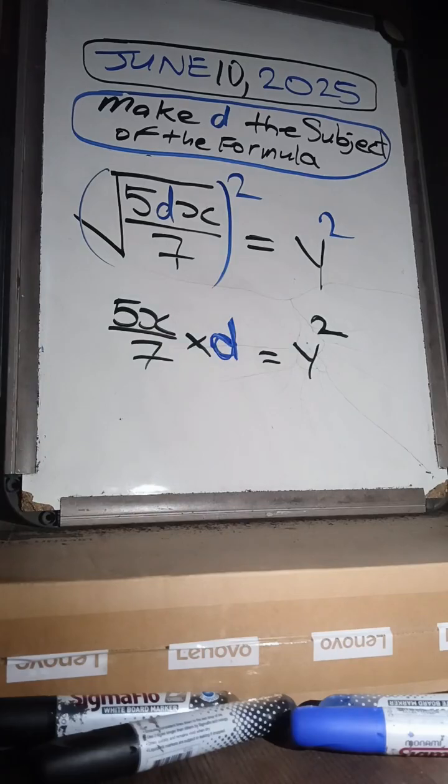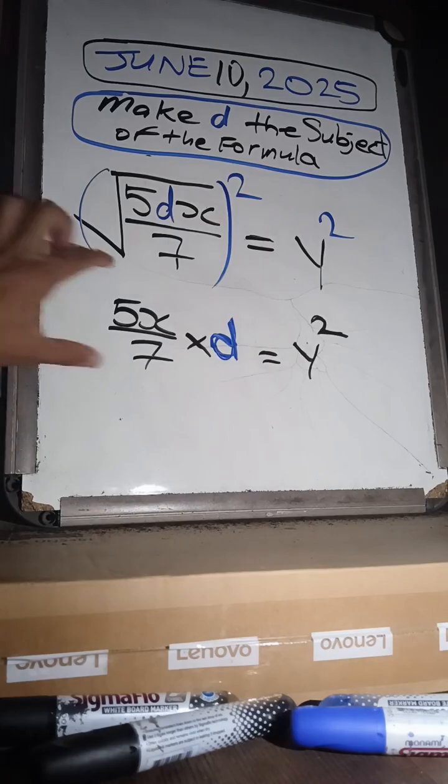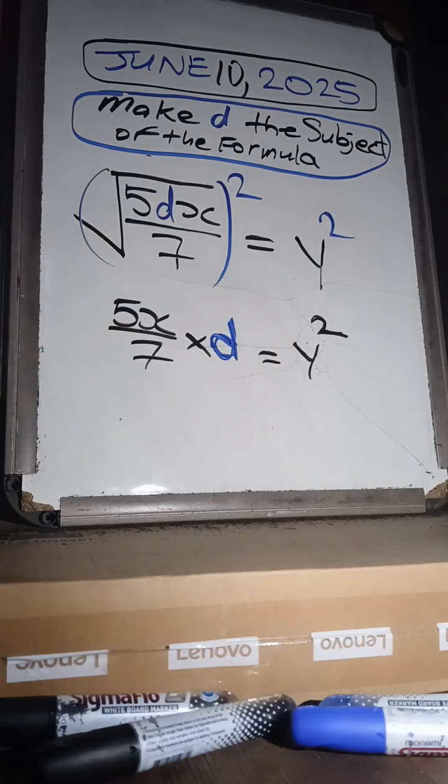Now if you think about it like that, you can flip this upside down. When you flip it upside down, it's 7 over 5x.